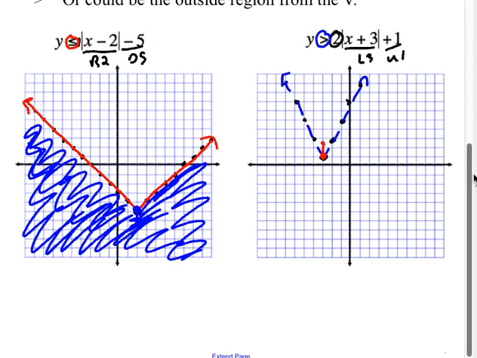Greater means up, so this time I'm shading within the V. Those are the two main things: you can either shade inside the V or outside the V, but you always, always want to use the vertex in determining that.